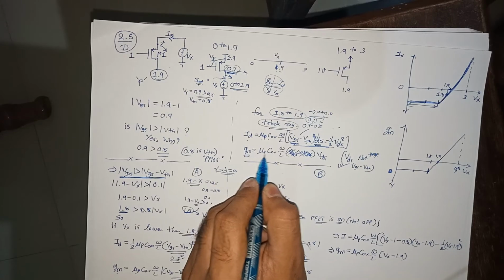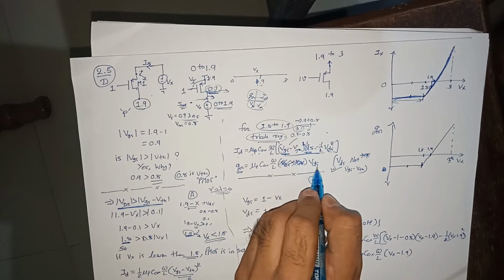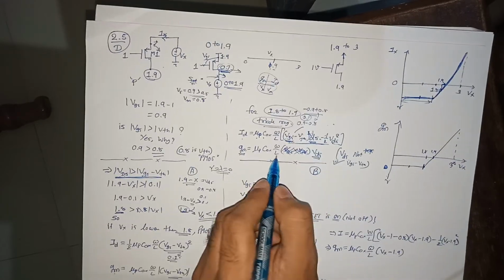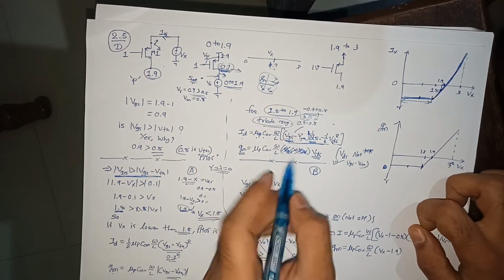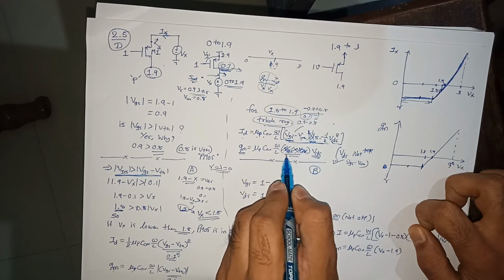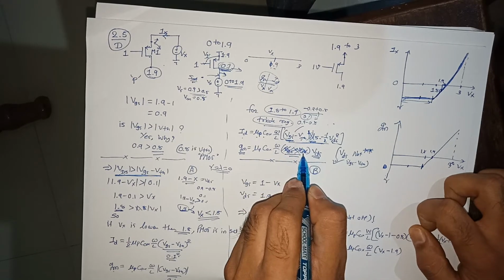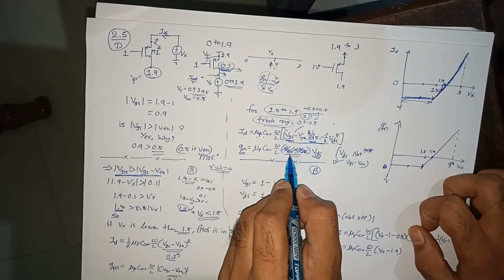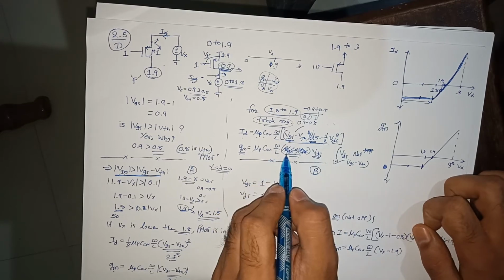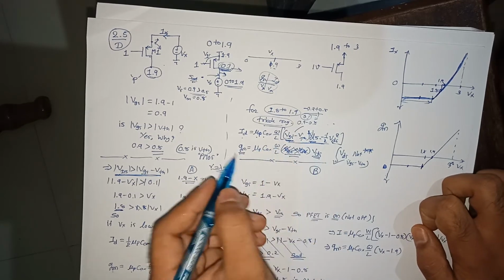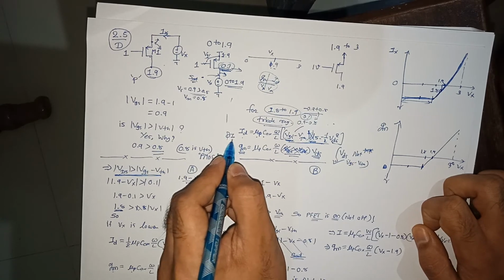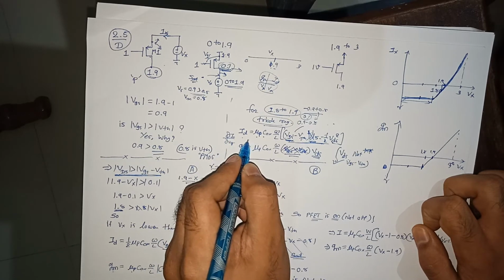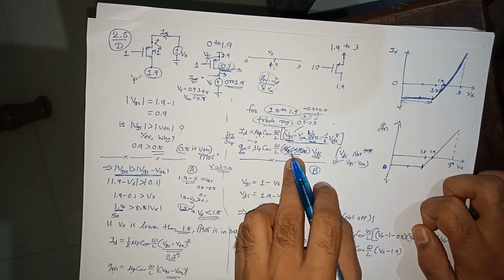And Gm will be mu p Cox W by L into Vds. If you are solving it the first time, you will make some mistake, like writing Vgs minus Vth, but this is not a saturation region equation. This is the triode region equation of ID, and you need del ID versus del Vgs, and you will come up with this equation.